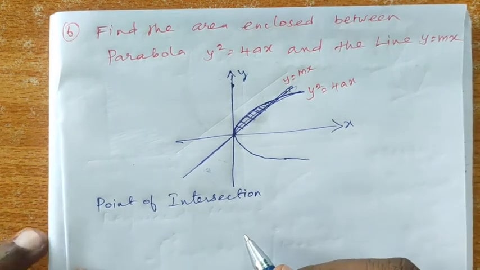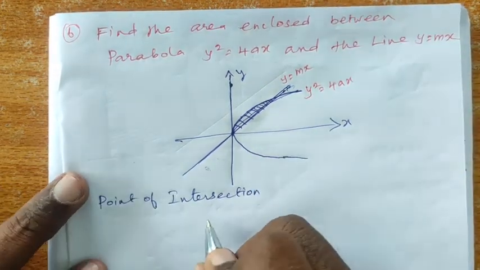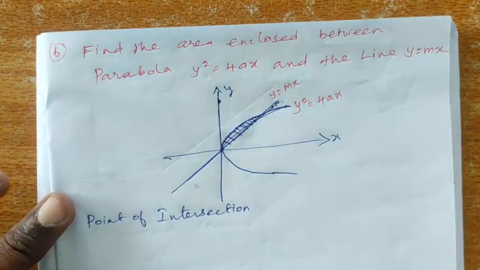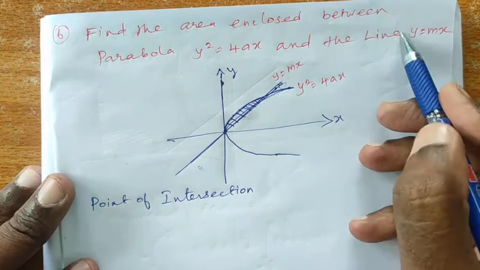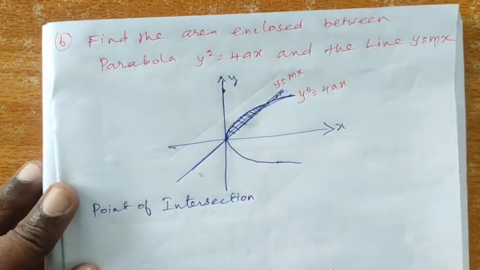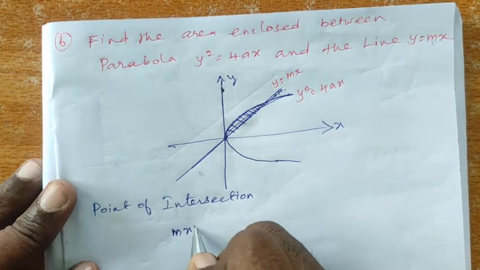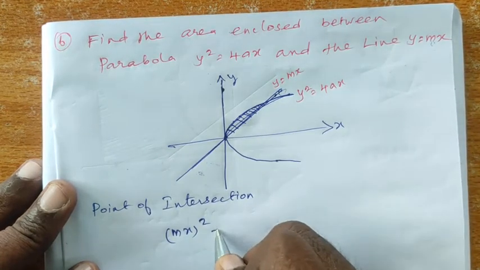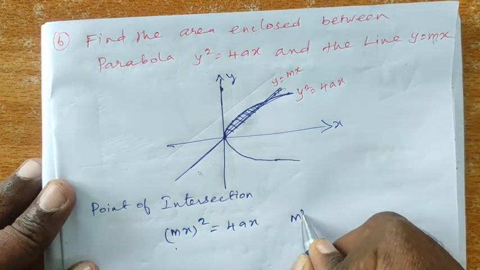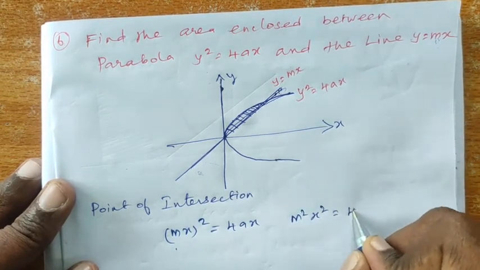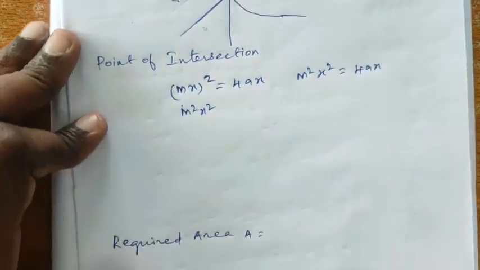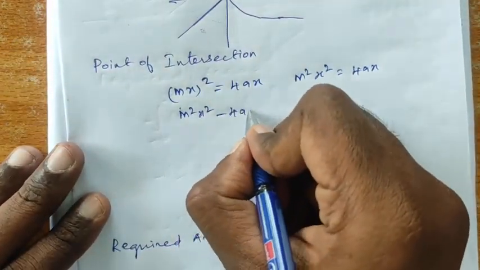So listen here, y equal to mx and y square equal to 4ax are the given curves. We can substitute y equal to mx in the equation of the parabola. So we get (mx) whole square equal to 4ax. So m square x square equal to 4ax. So m square x square minus 4ax equal to 0.